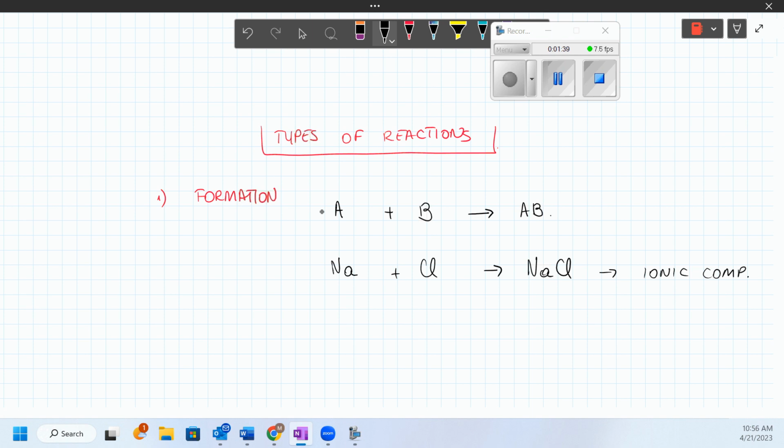Because as you see, if you put your fingers into sodium and chlorine, then you will see that they are apart from each other, which means that it's an ionic compound. And in terms of the charges, you have 1 plus, 1 minus, and then the common multiple of 1 and 1 is 1.